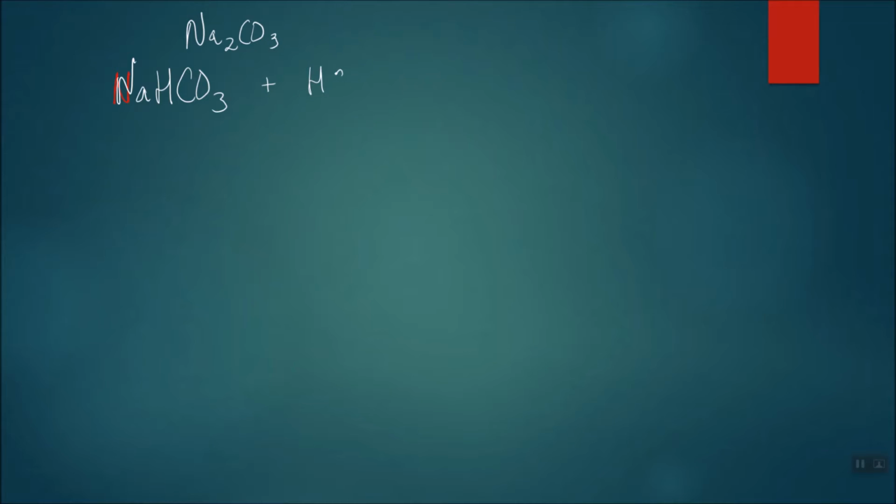Plus, hydrochloric acid will form what? Well, this looks like it's a double replacement reaction. So the sodium goes with the chloride, and of course that is what we're expecting, but in an aqueous solution, which is what we're going to have.